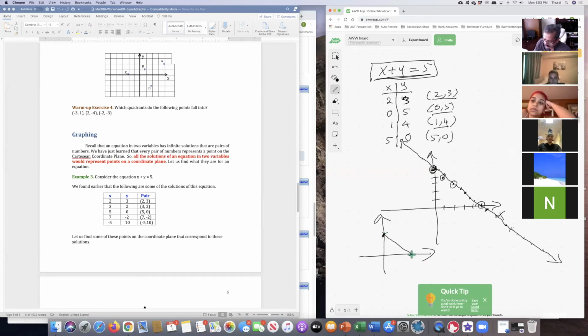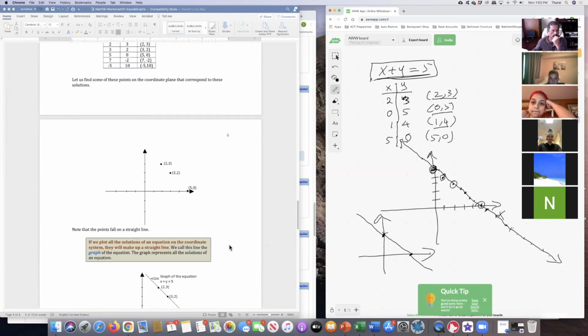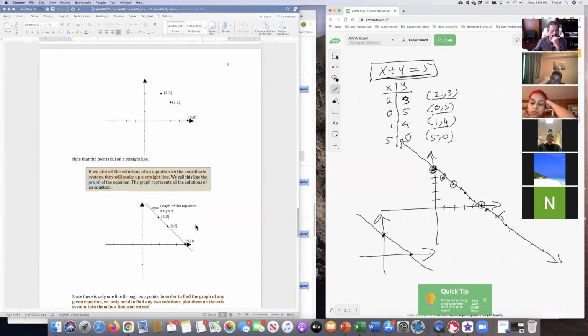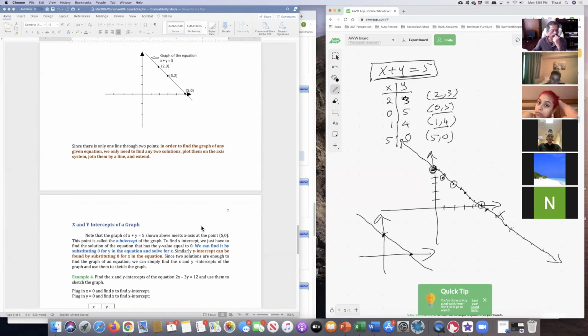This is not a line. It has to extend on both sides to be a line. So always when you graph, extend the line on both sides. All the detail I went over is shown here in the worksheet.